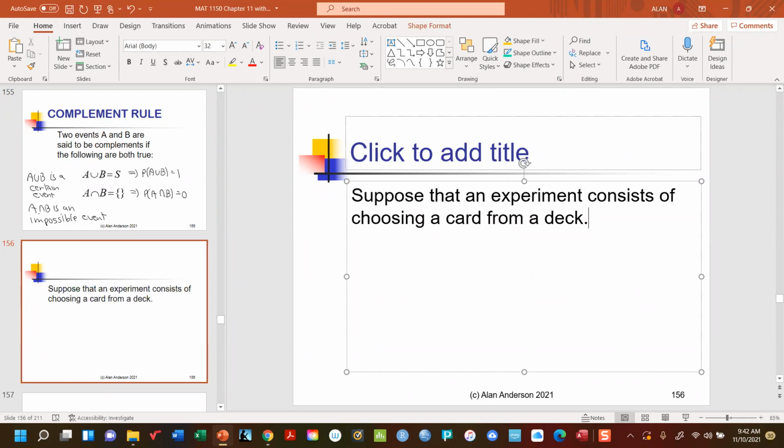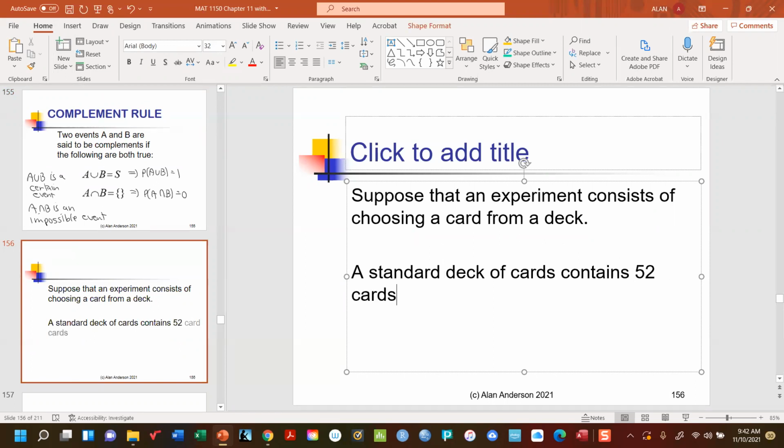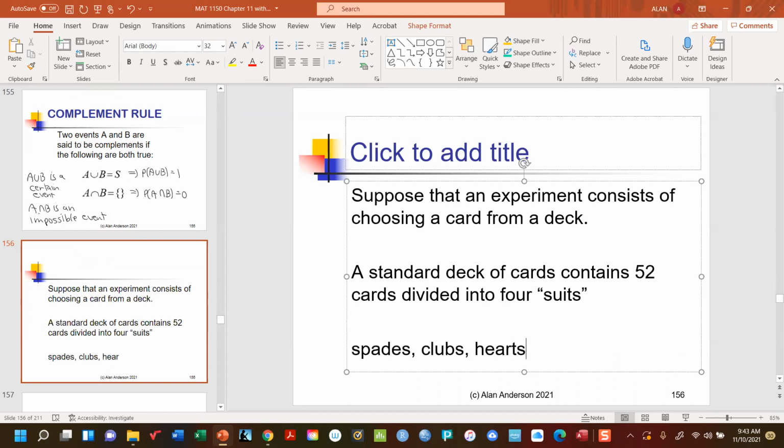Now, just in case you have forgotten how cards work, a standard deck of cards contains 52 cards divided into 4 suits, which are spades, clubs, hearts, and diamonds.